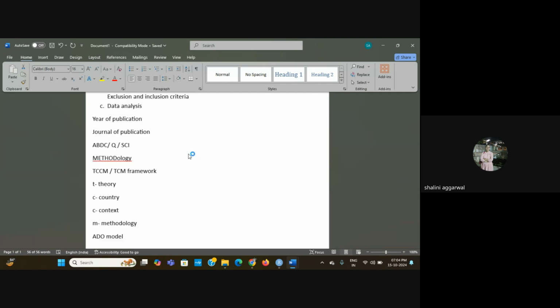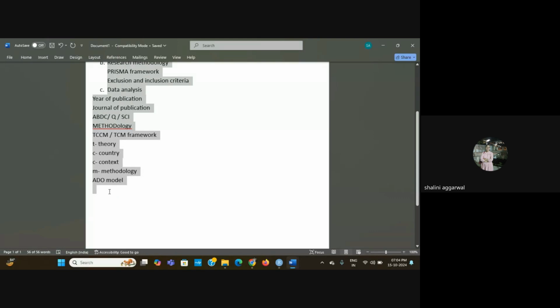You should do the ADO model and the TCCM or TCM framework. These two things should be there when you are writing the SLR. If that kind of diagram is there in your paper, it gives weightage to your paper, because you are trying to find out the factors that are more important in this study.